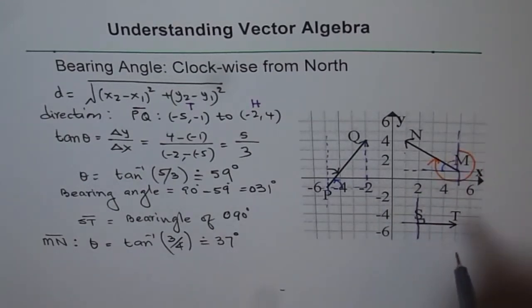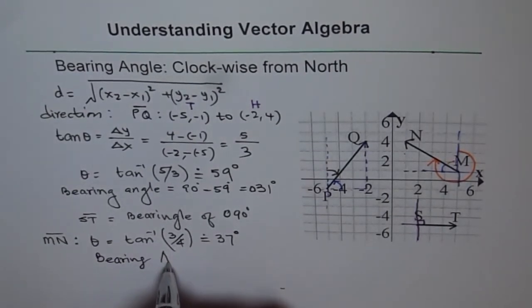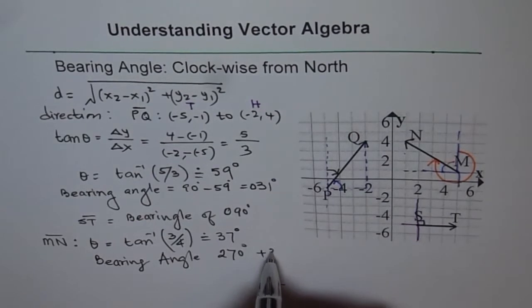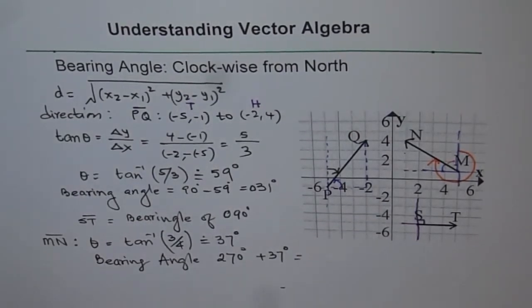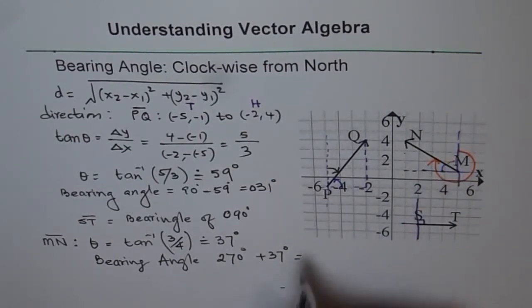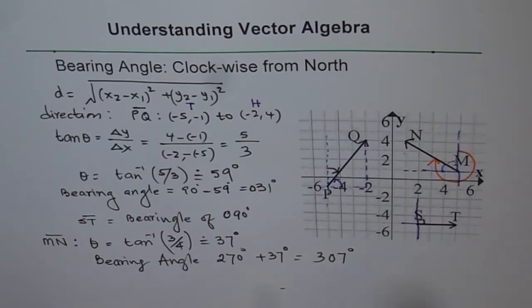So we will write our bearing angle as 270 degrees plus 37 degrees, which is kind of easy. 270 plus 37 gives us 307 degrees. So we have a bearing angle of 307 degrees for the vector MN. I hope you understand how to calculate bearing angle for all these.